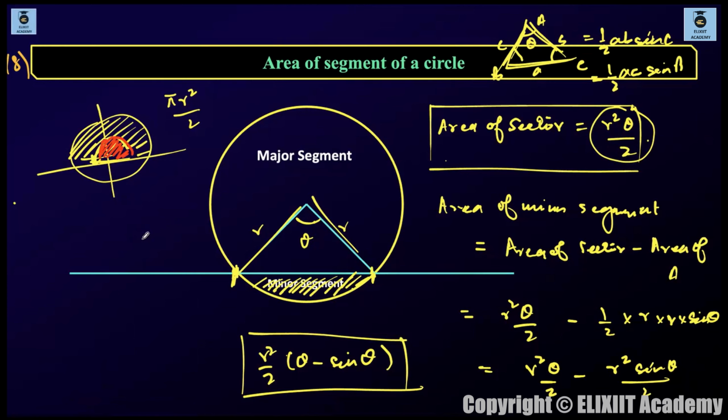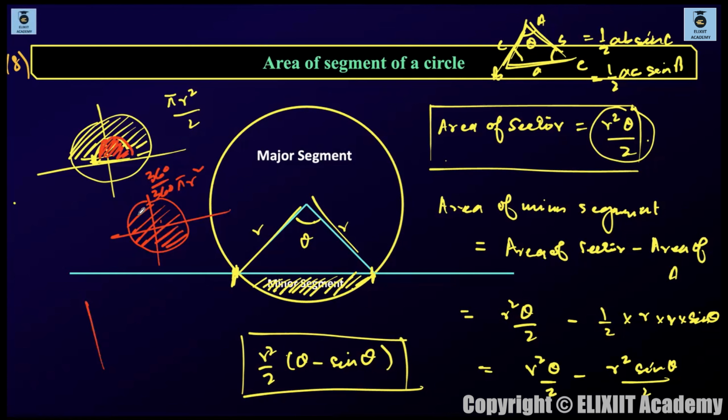If you consider the full circle, you are getting pi r square. So what is pi r square? Technically theta is 360 divided by 360 you are getting. That is why it is getting cancelled and pi r square is left out.